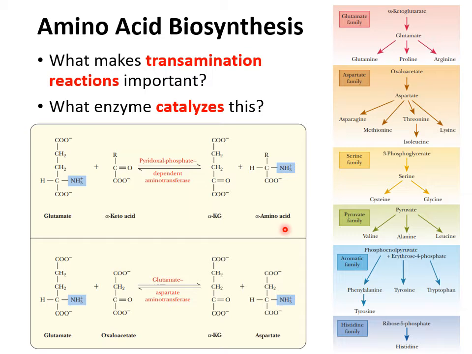And these are important, especially in plants, because they basically allow plants to cope with conditions of limited nitrogen availability because they can catalyze the transamination reactions during times when they need a nitrogen source.